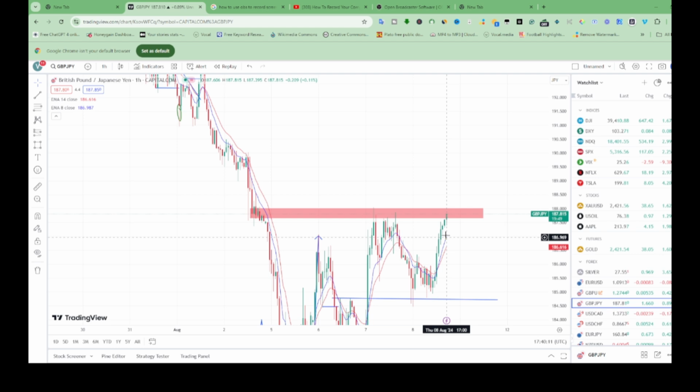When it is down like this, you come down to this last one. Let me bold it. You put your cursor on this last one. You always take it from the last point where it started moving up.